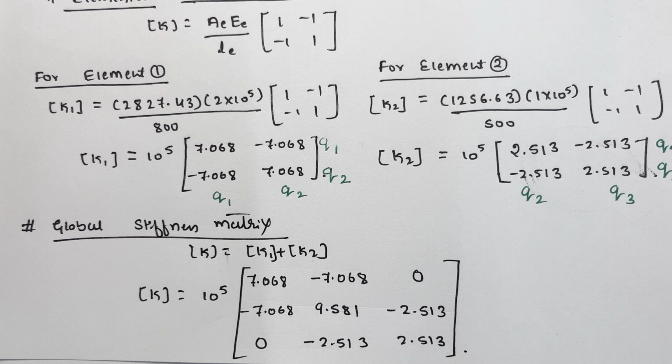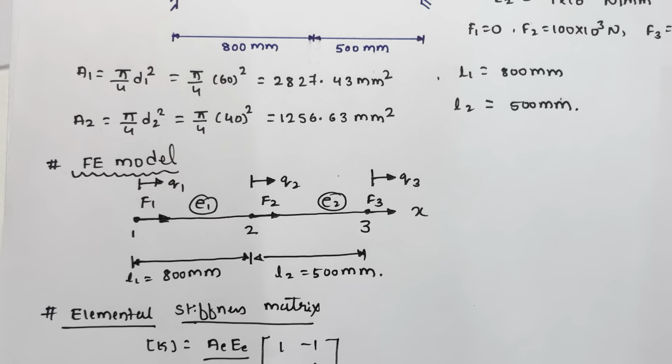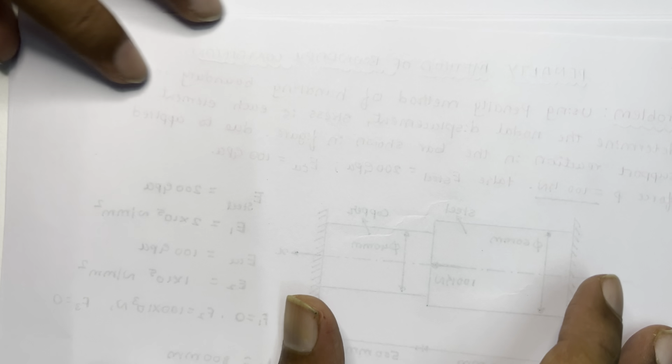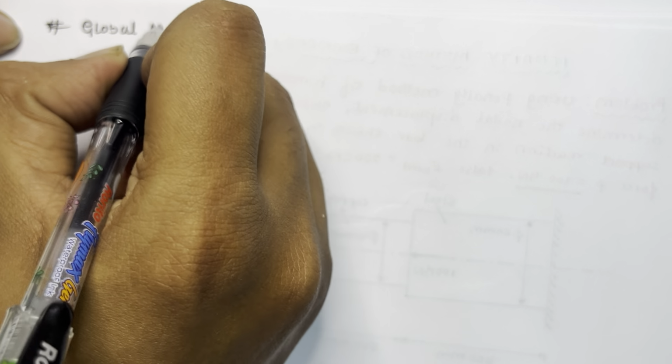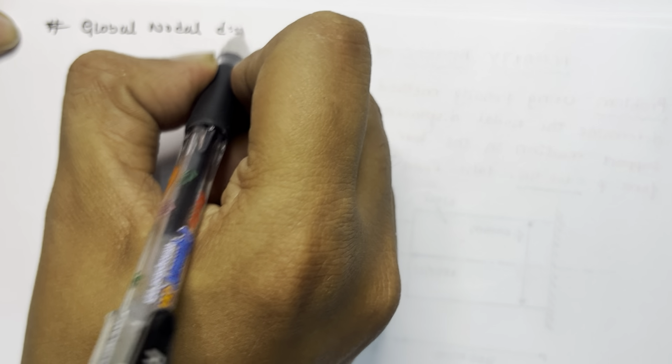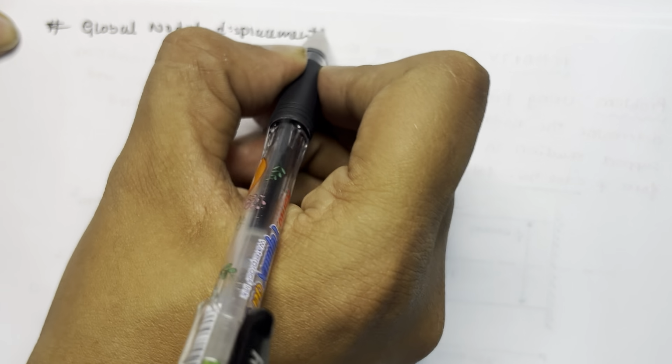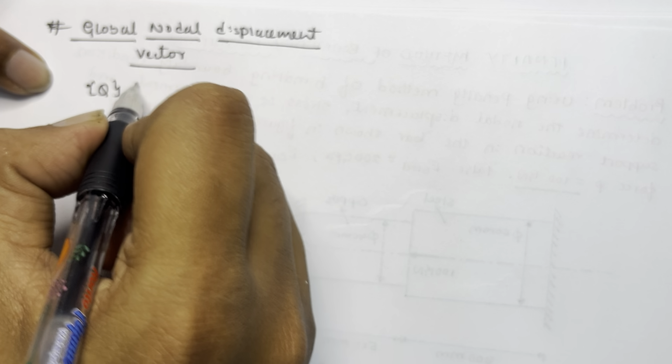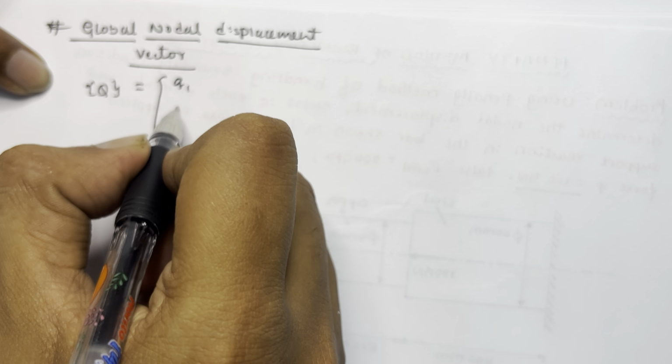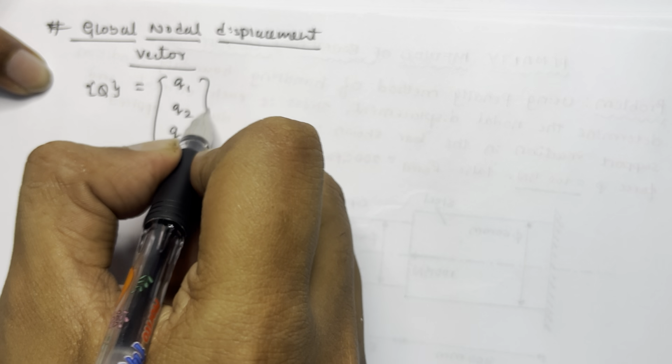Similarly, we have to write the global nodal displacement vector and global load vector. First I will write the global nodal displacement vector Q, which is equal to Q1, Q2, Q3.